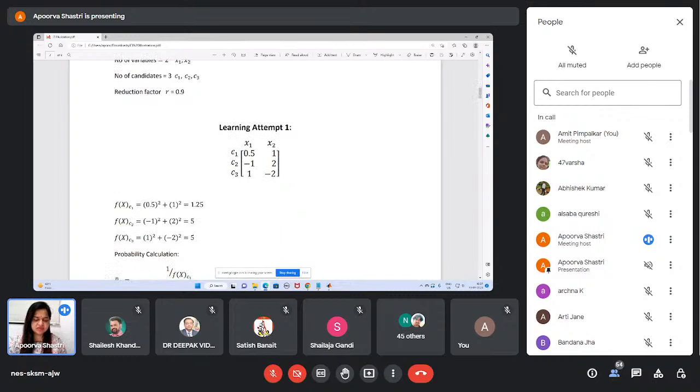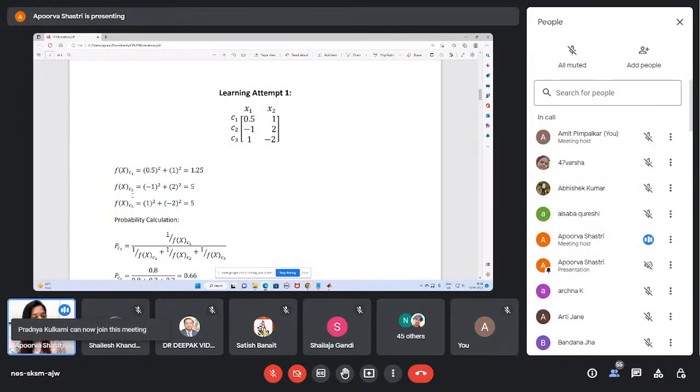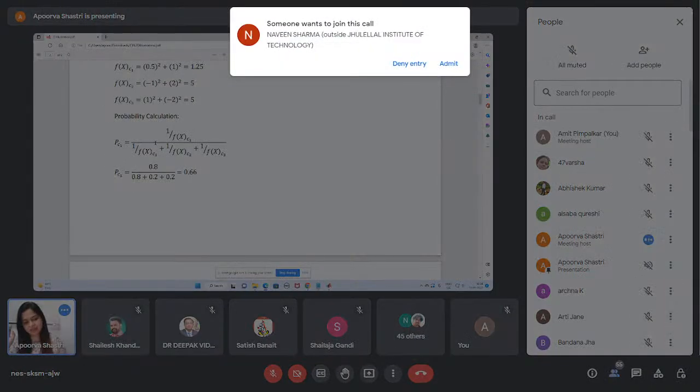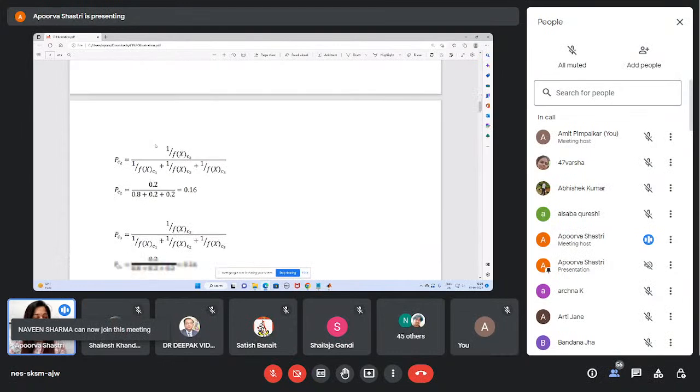These were the qualities for candidate 1, candidate 2, and candidate 3, and the qualities associated were x1 and x2. We evaluated the objective function and calculated the probabilities using the formula 1 upon f of xc1 for candidate 1, divided by the denominator we calculated earlier, so that denominator can be used for all the probability calculations.